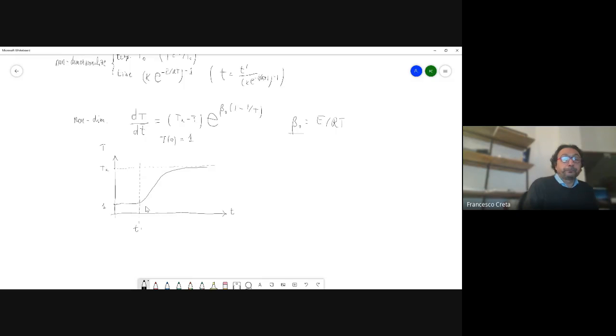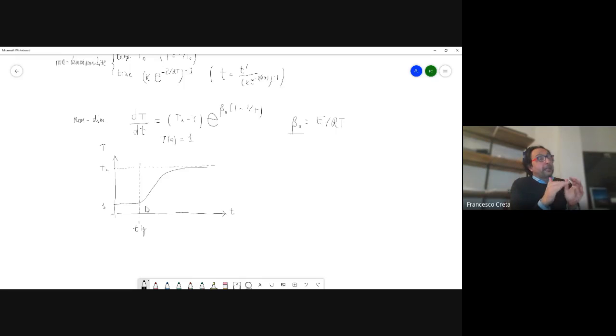So there seems to be an initial time where the system doesn't really respond too much. This is where essentially the temperature is quite low, and if you remember, if the temperature is low, the rate of reaction is extremely low. This is the main property of this exponential, the Arrhenius form.